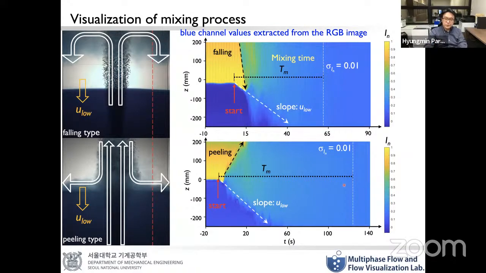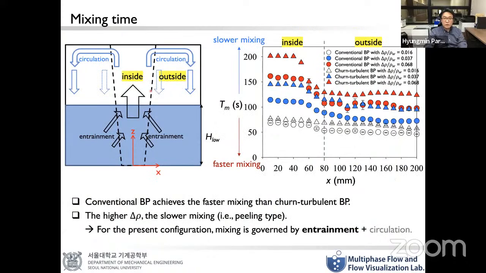For all different types of bubble plume and density differences, we quantified mixing time as I explained in the previous slide. The graph is quite complex, but here I summarize two important things. First, the conventional bubble plume, the circle symbols, achieves faster mixing than the turbulent bubble plume, the triangle symbols here. So the conventional one is more efficient in mixing.